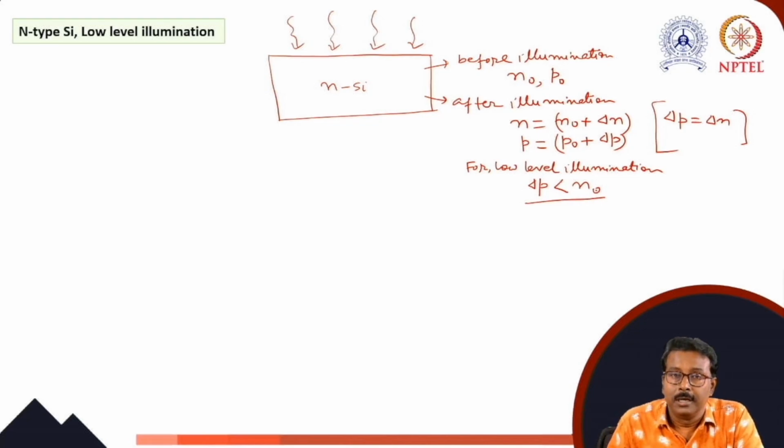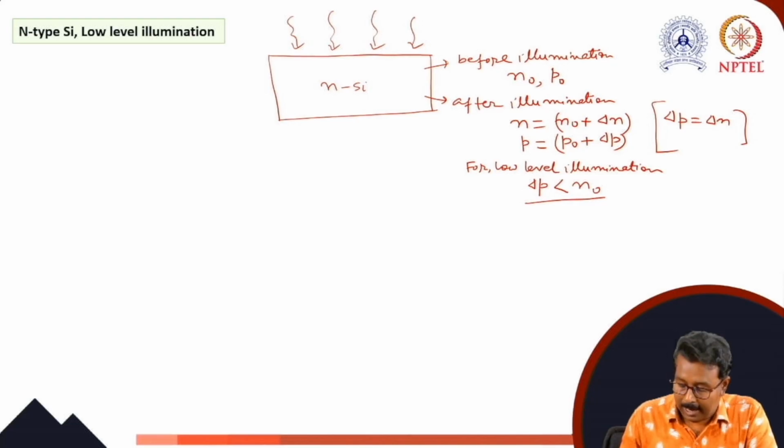Now let us rewrite the expression for the Shockley-Read-Hall recombination rate R. So what will be the R?